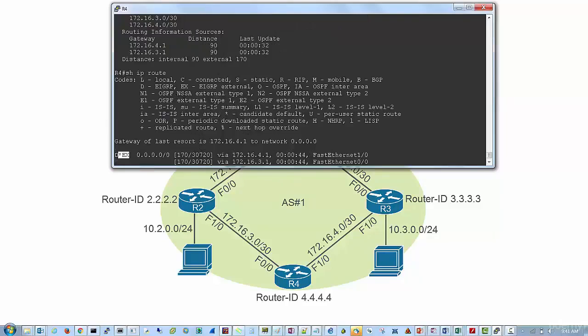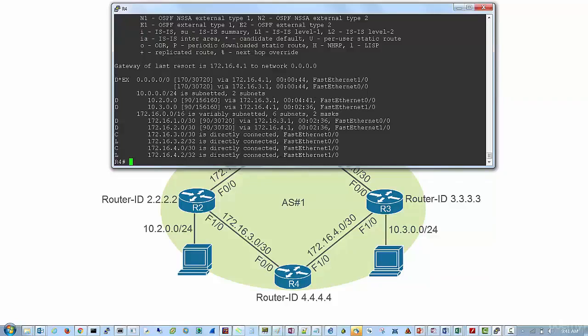That means it's an external EIGRP route, meaning that it was redistributed into the autonomous system number 1 topology. And you'll notice that instead of an administrative distance of 90 for our internal EIGRP learned routes, we have our external administrative distance that we talked about in our last section, since it's an external EIGRP route.